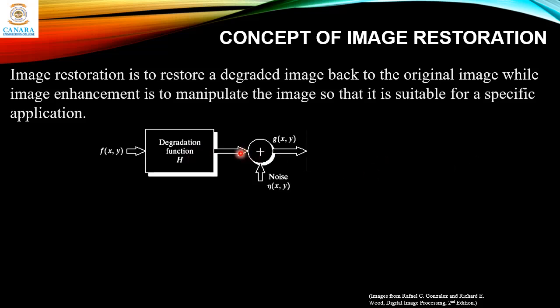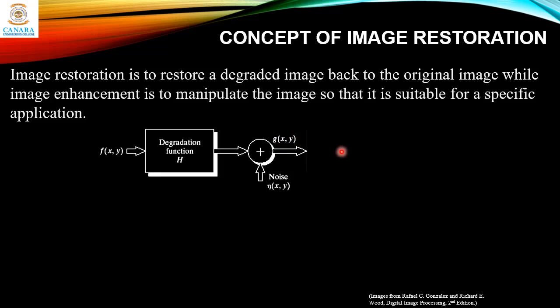And then after degradation, it also gets some additive noise given by eta xy. So you have input image into degradation function plus eta of xy, which is additive noise, given by this g of xy. Okay, so this g of xy is the degraded image.